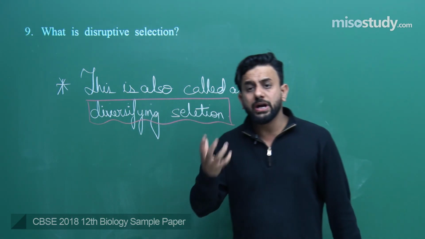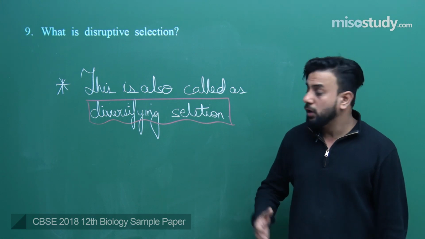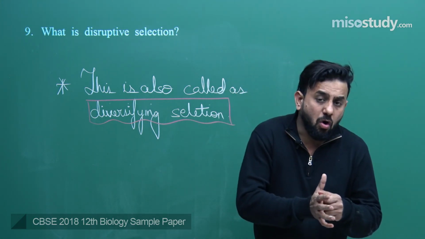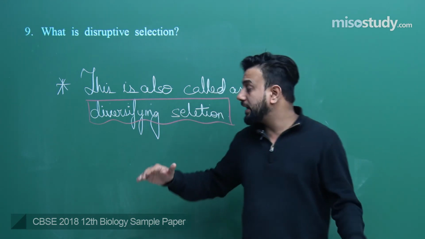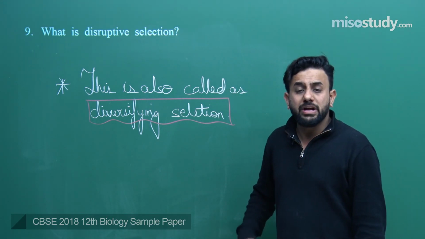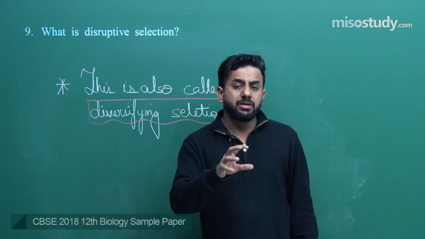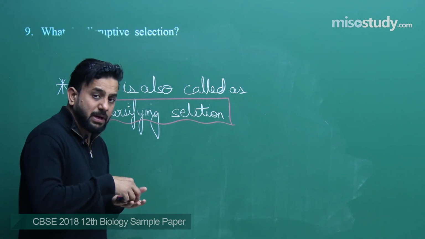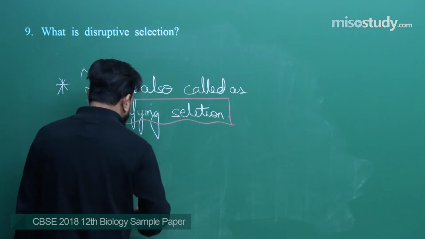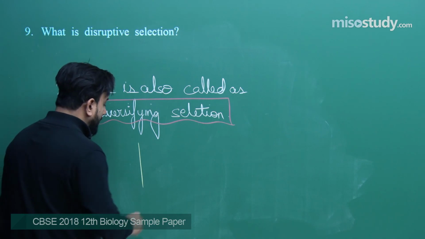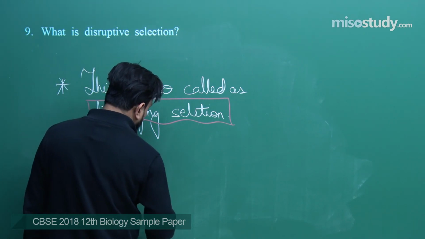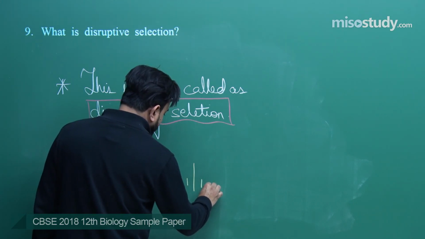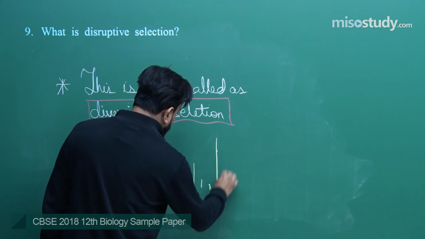When we talk about traits, when we talk about characters, we will see that very diversified, very contrasting traits are getting selected here. For example, in a population, someone is this much tall, someone is this much tall, someone is medium, this much, this much.